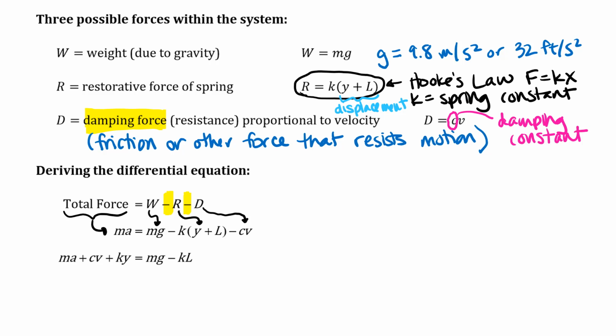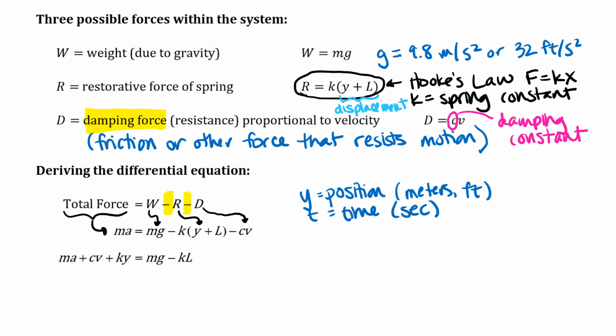All right, so remembering that we had a dependent variable y, which is the position of the object, measured in units of length at time t. We've got a couple of derivatives here, even though they may not be apparent in the equation you're looking at.